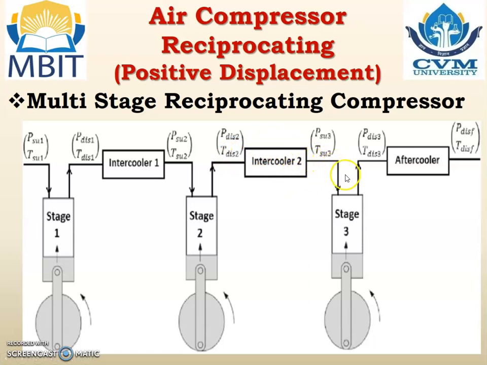And then it enters the third stage of the compressor where again it is compressed and then it is taken to the aftercooler, where it is again cooled, and then it is sent to the storage tank. It means instead of compressing the air in one stage, in one cylinder, here the air is compressed in three stages or three piston cylinder sets.